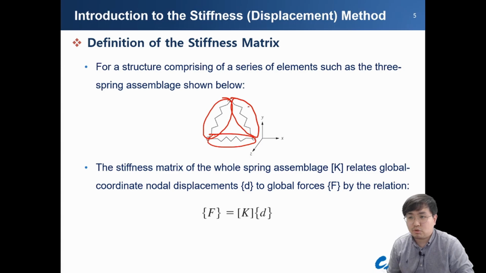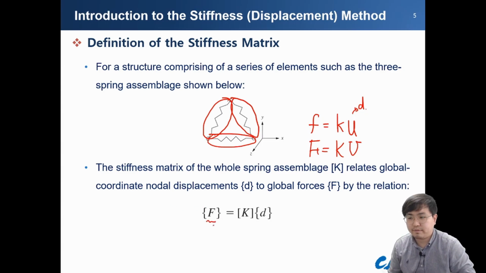Compared to the local and global coordinate systems, in the previous slide the local stiffness equation used small characters. In the global coordinate system we use capital characters.